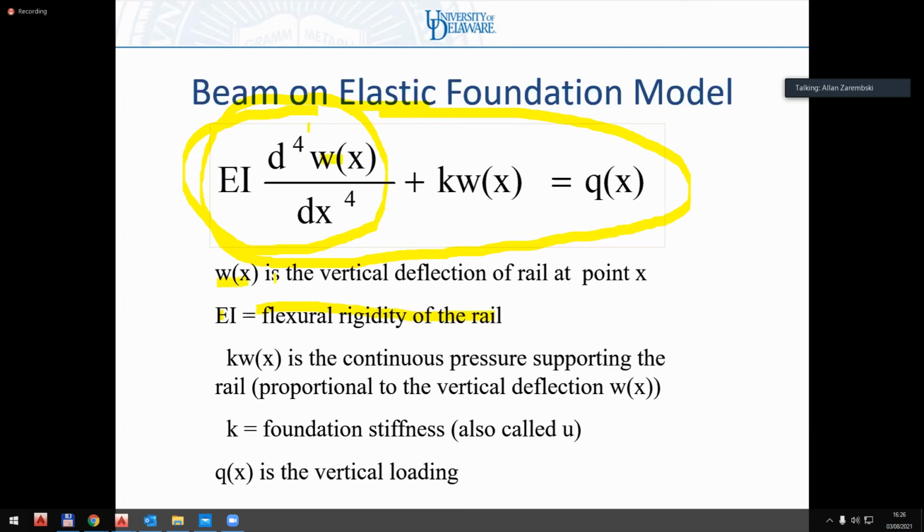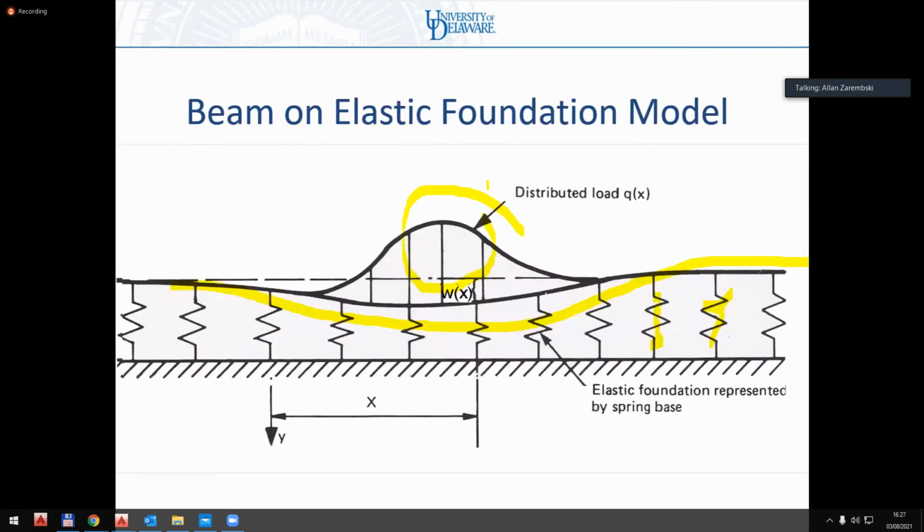W of x is the vertical deflection of the rail at point x. d⁴W/dx⁴ is the fourth derivative of W. kW is your foundation term. So going back here, the EI d⁴W/dx⁴ is really your beam term, which is the rail.